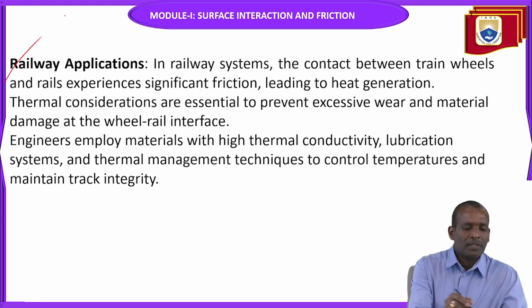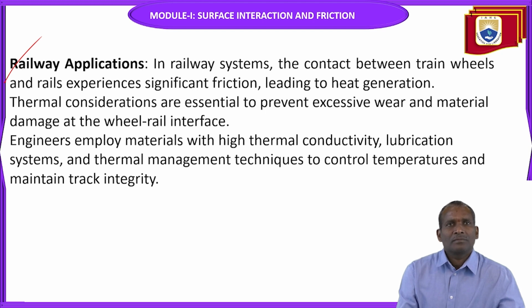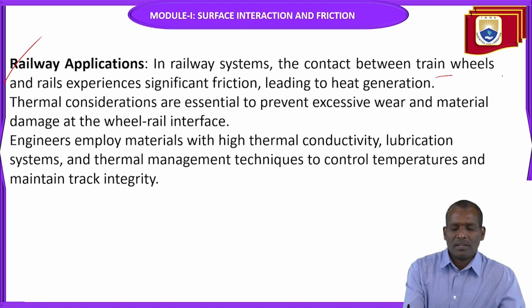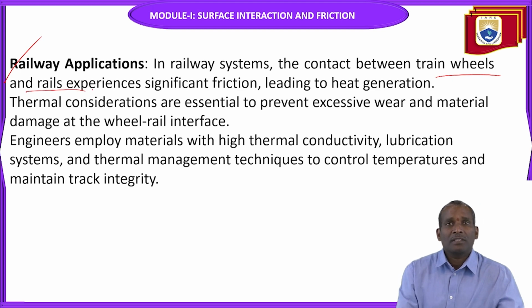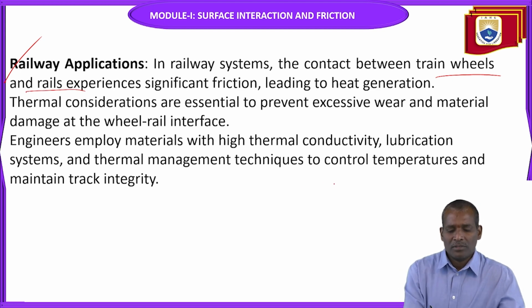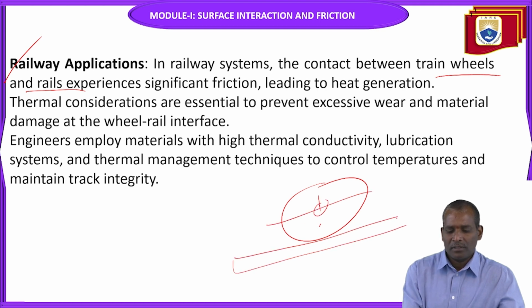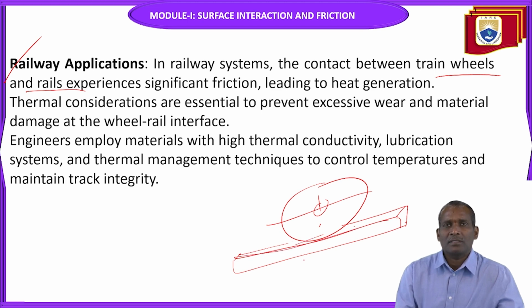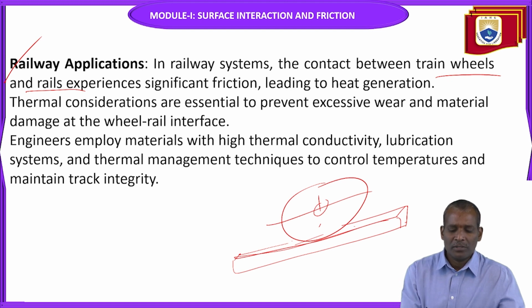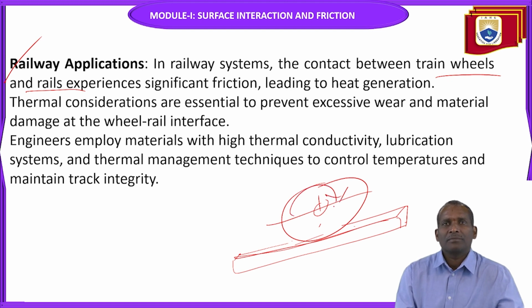Next example, railway applications. Generally in railway systems, the contact between train wheels and rails experiences significant friction. Suppose there is a wheel and there is a rail. In between these two surfaces there is friction, leading to heat generation.